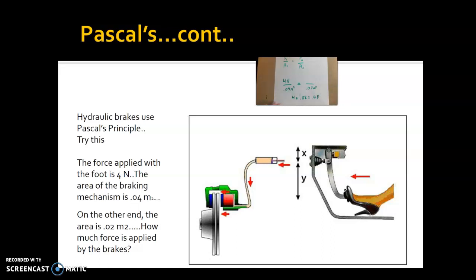And then we go 0.08 divided by 0.04. We get 2 newtons. Okay? So that's just an idea on how that would work. All right, now we're going to progress.